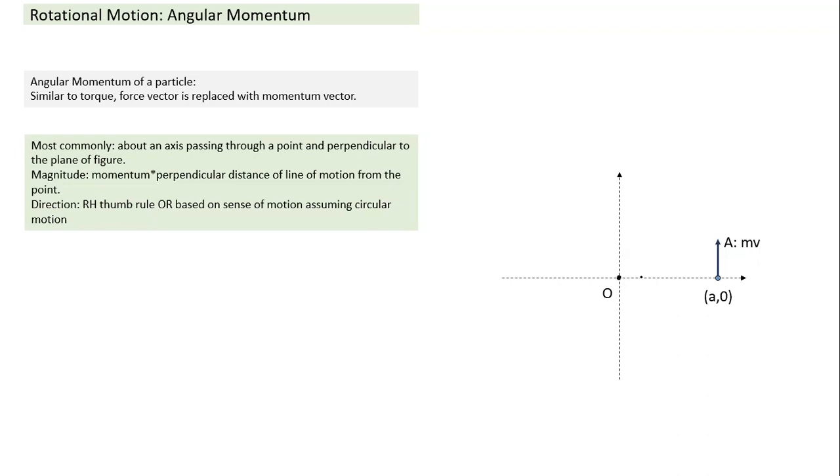Whenever we talk about angular momentum, it is equal to the momentum multiplied by the perpendicular distance. Since the motion is vertical here, the perpendicular distance will be in the horizontal direction. So this angular momentum becomes mv into A. The angular momentum of this particle about O is mv into A. And similarly, let's take another case here and see which direction this would be.